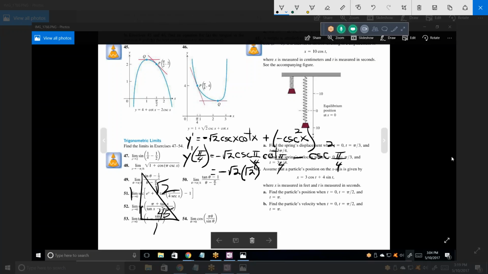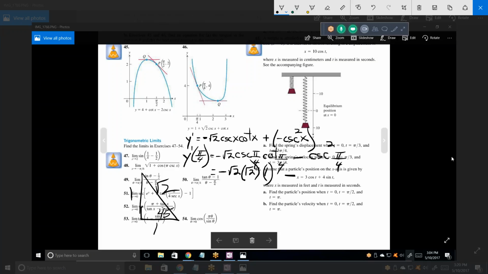You're close. Use my triangle instead of yours. 1 over 1. You said root 2 over root 2. But cotangent is the reciprocal of tangent. So if tangent is 1, cotangent's 1 also. Gotcha.